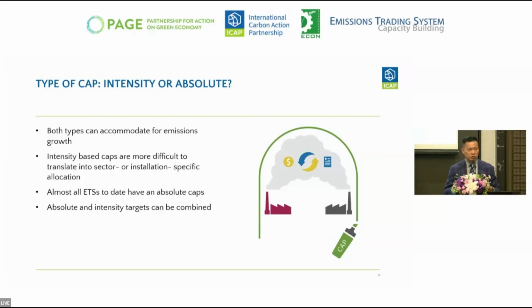So maybe next year we will see one or two sectors use absolute cap first, and other sectors will use intensity cap, and then they can still trade among each other. How does that work, and what is the impact on the market? I don't know. We still need to do more research and observe. But yeah, it's possible to do it.